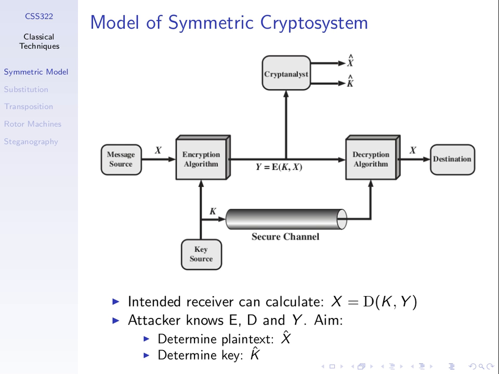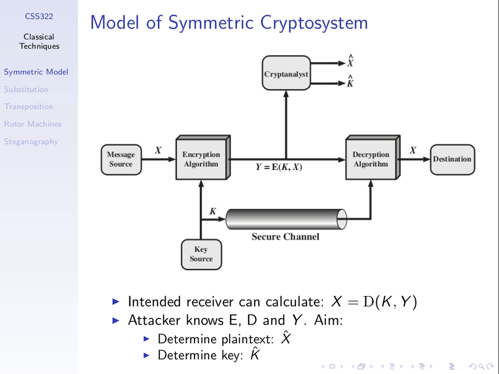We send the ciphertext Y across our communications network. The attacker, or cryptanalyst, the entity that's trying to analyze and to break the security, can receive Y. They know the ciphertext. The recipient of the ciphertext takes the key K and the ciphertext Y and decrypts.